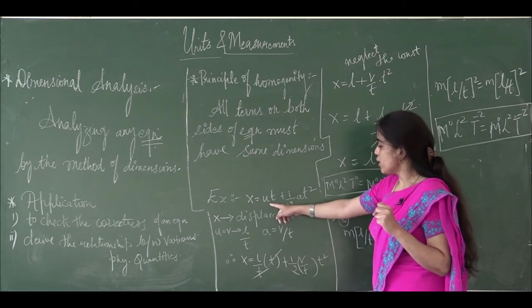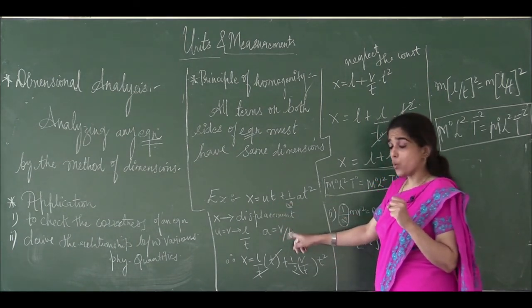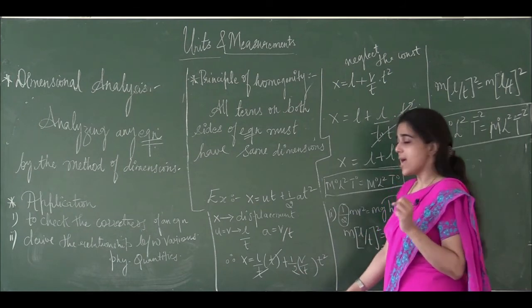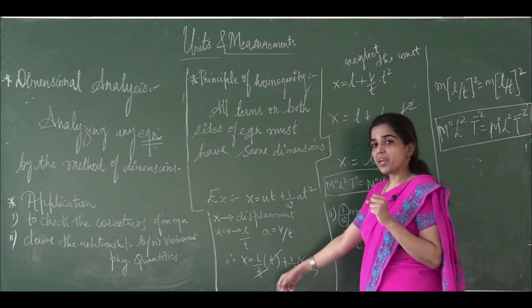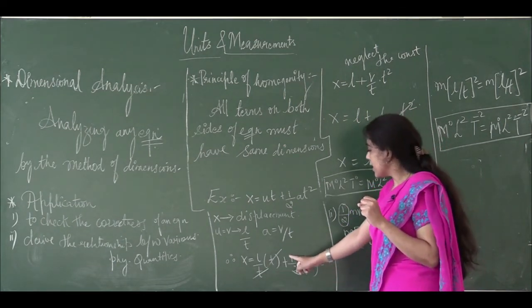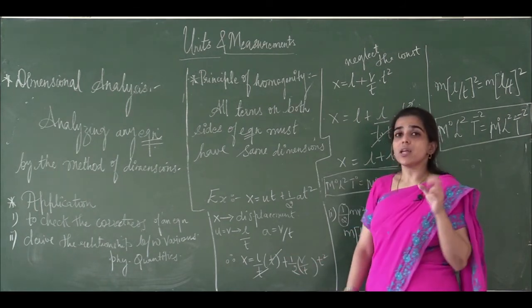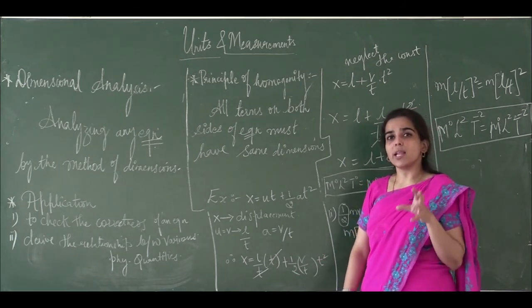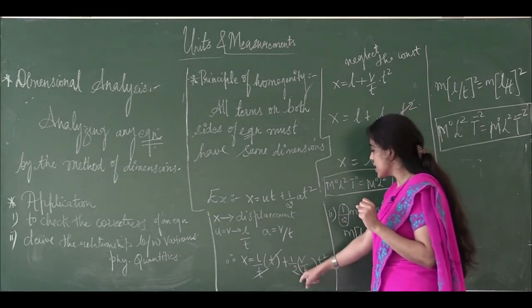Rewriting u and a in the above equation, we get the equation in this form, where the t in the numerator and denominator will get cancelled. Again, we will neglect this 1 by 2 in order to obtain the same equation on LHS and RHS. We will neglect the constant terms.